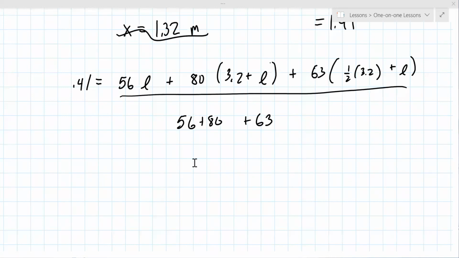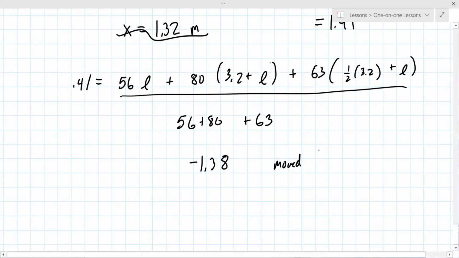Okay, it says negative 1.38, and that just means it moved left. And what units will it be in? Meters, because that's what it originally gave us.